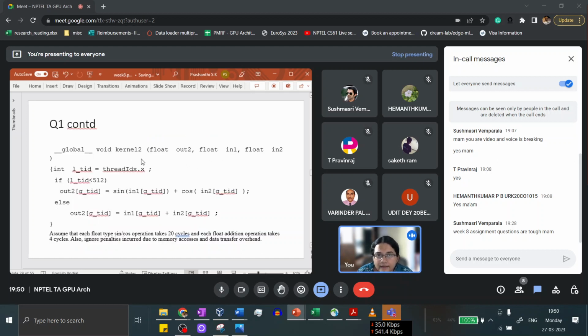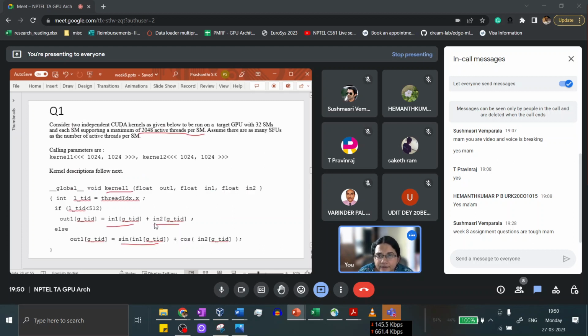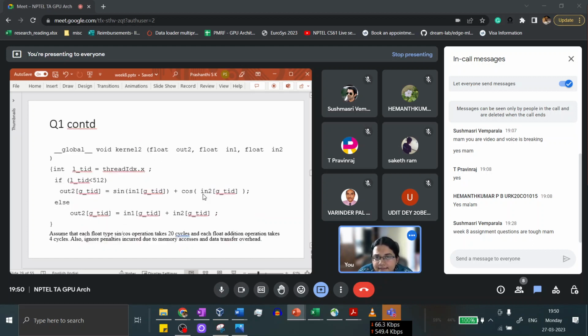Moving forward, kernel 2 similarly calculates LTID and does the same check for less than 512. It does a sine plus cos here, and it does a sum here, right? So these are your two kernels. This does a sum here and a sine plus cos here. This does a sine plus cos here and a sum here.